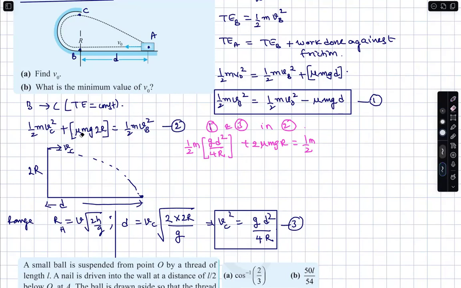You don't require mu here. The gravitational part is mg 2r.